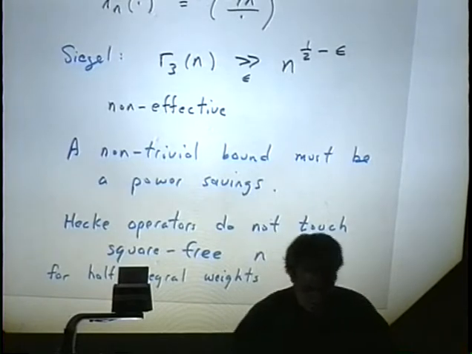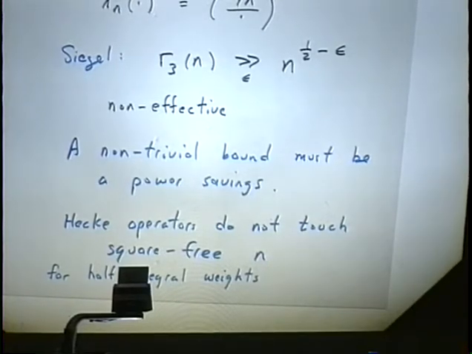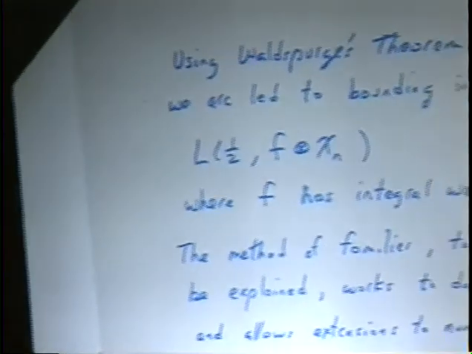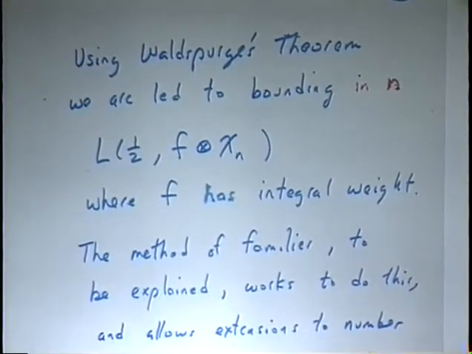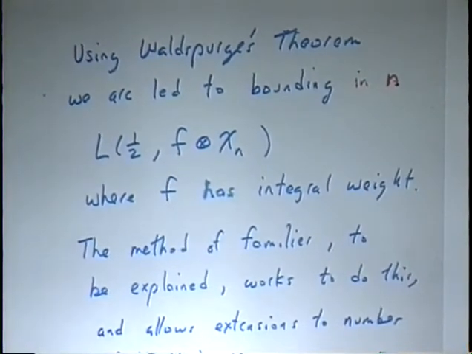Okay, well, the relation to L functions is pretty direct in this setting. It comes from Waldspurger's theorem. And so for the cusp form contribution, it comes down to estimating the twist of the L function associated to an integral modular form via the Shimura lift.